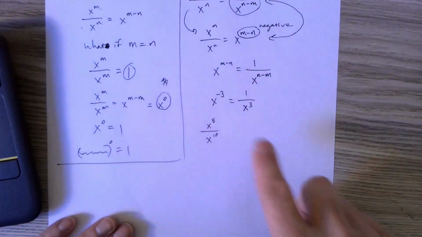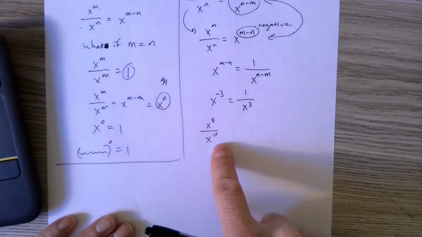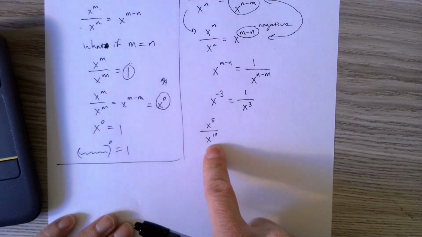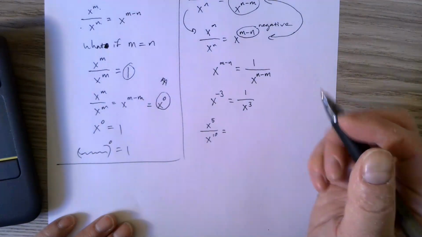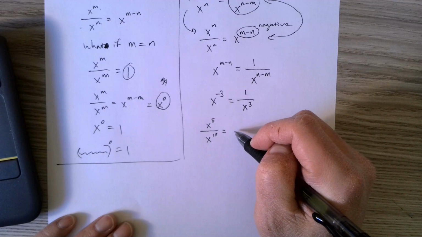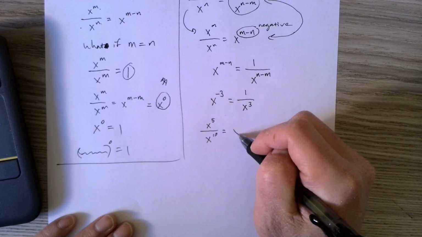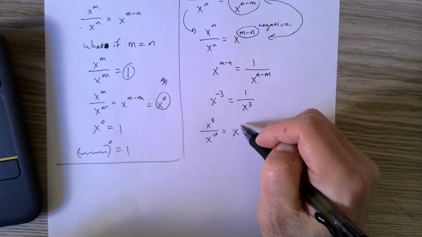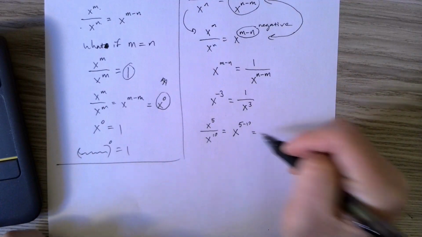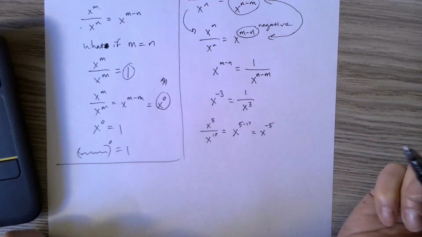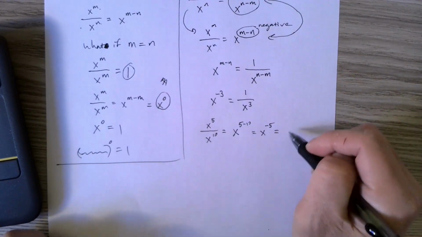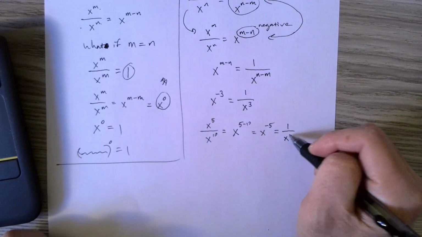Take it back a step, how we would get something like this. If we had x to the 5th over x to the 10th, you could use the division rule and do 5 minus 10 for the exponent and get a new exponent of -5. And then change that to 1 over x to the 5th.